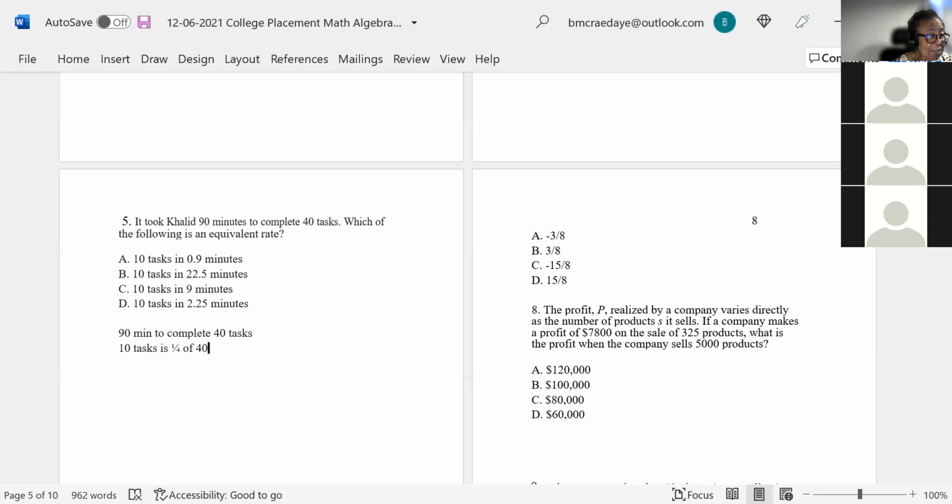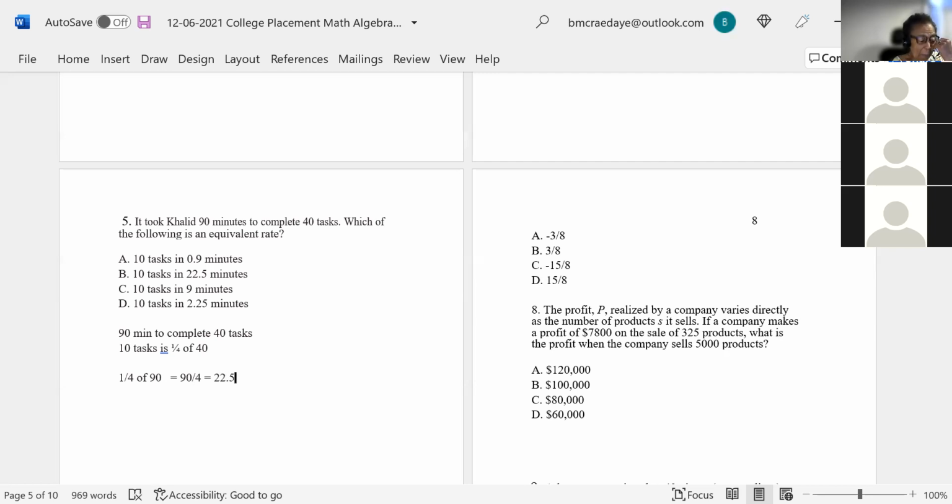That means it's going to take you 1/4 of 90. So 1/4 of 90 is 90 over 4, and that's 22.5.